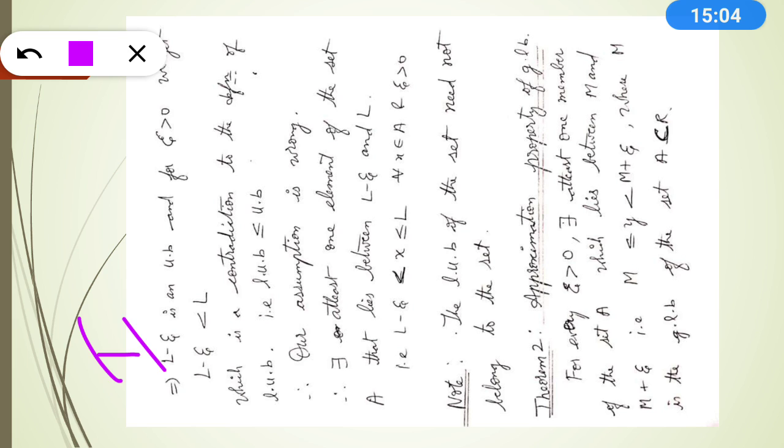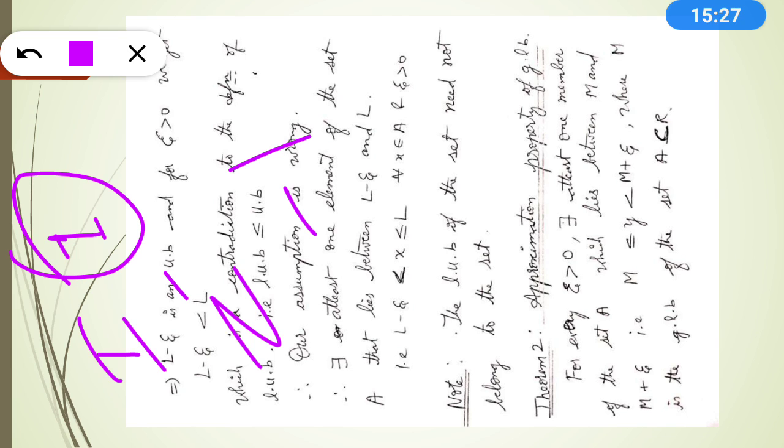And for the positive integers, the greatest lower bound will be what? +1. For the positive integers, +1 is the lower bound, and for the negative integers, -1 is the upper bound.